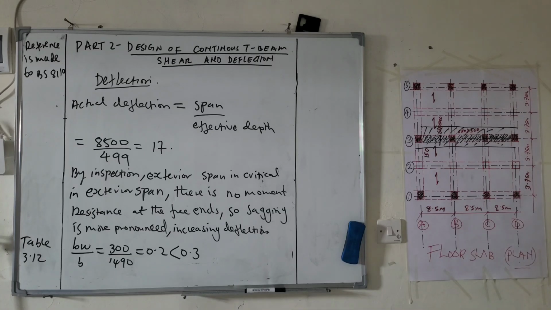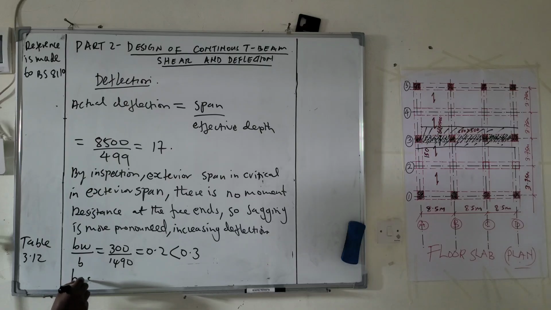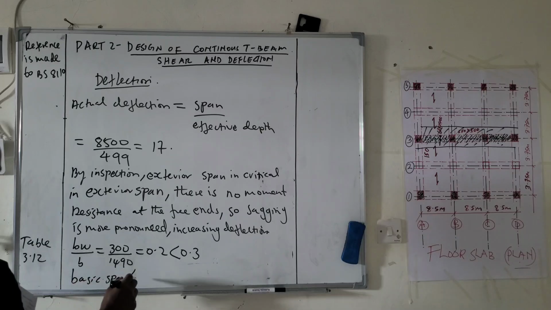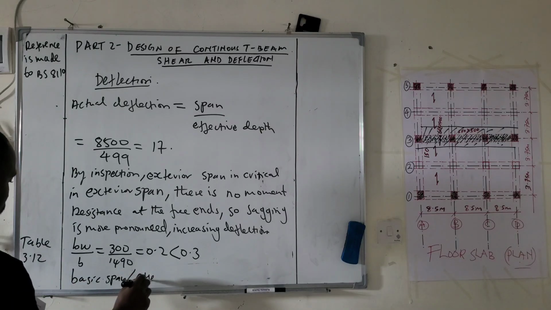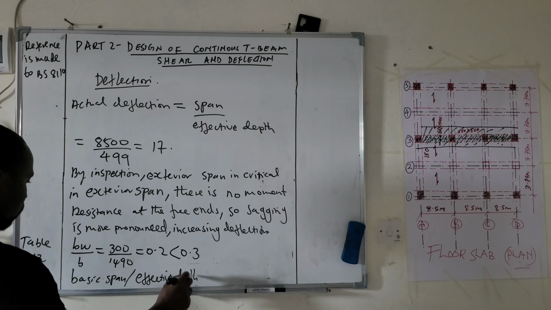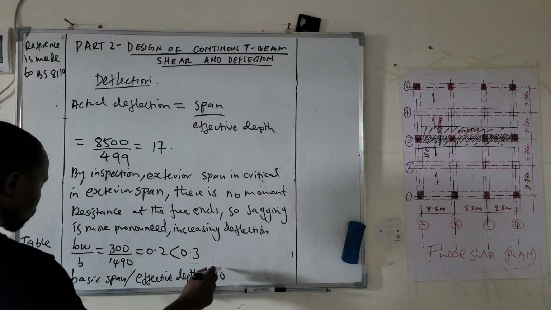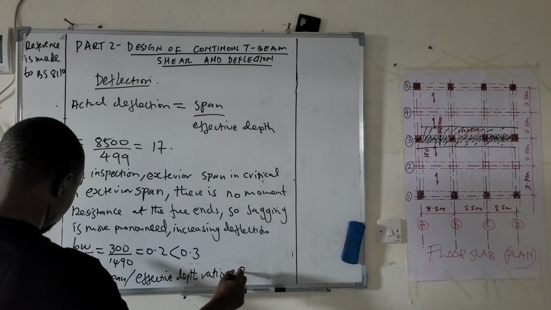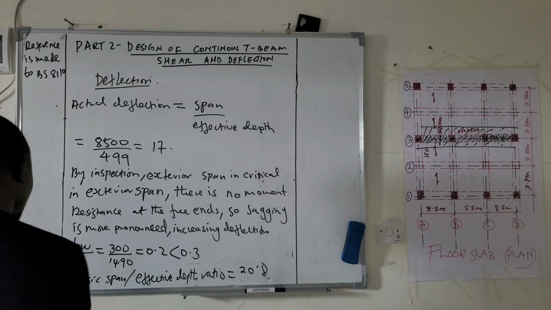So the basic span over effective depth ratio is equal to 20.8.